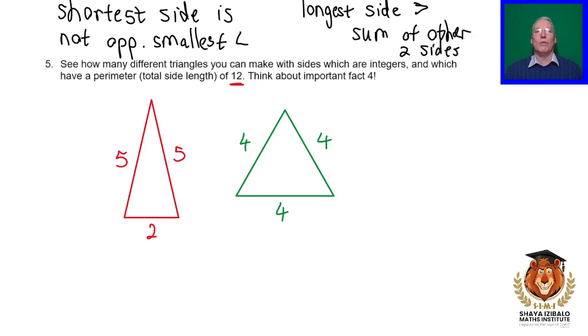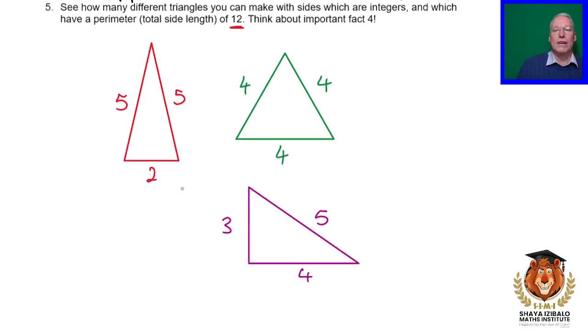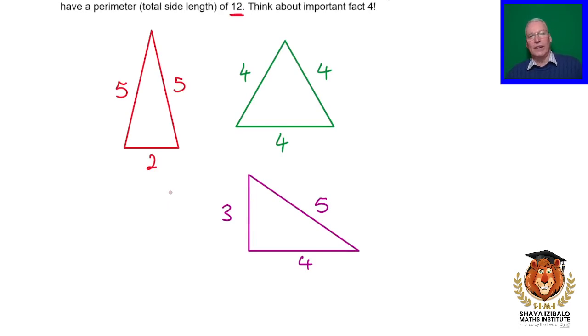And then lastly, we can draw one that's going to look something like this, 3, 4, and 5. Those are the only three that are possible. You can't have a side of 6 because the other two sides would have to be 6, and they need to be longer than the longest side.